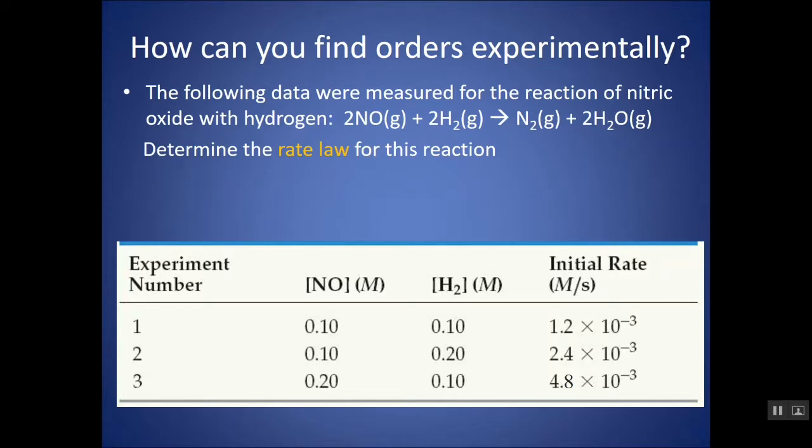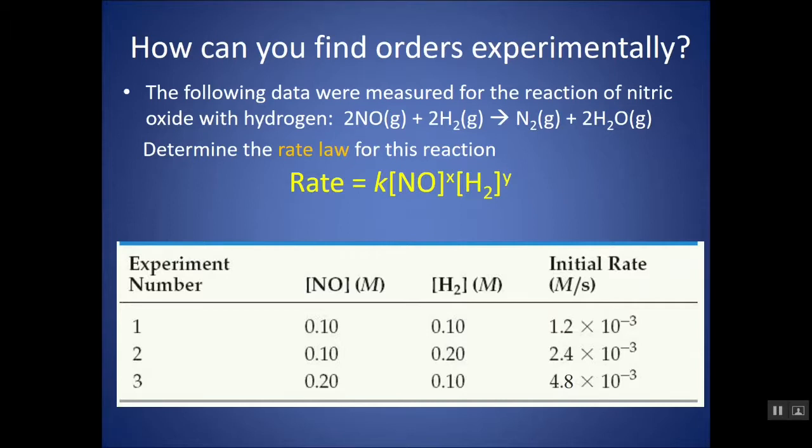Okay, so now how can I use this data and that information to figure out what the rate law is? A lot of this you can do on inspection. So if I want to find the rate law, I know first of all the rate law is always going to fit into this general formula. For this given reaction, let's plug in the actual formulas I have.